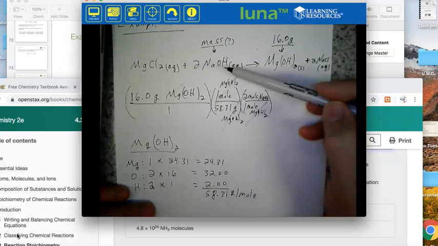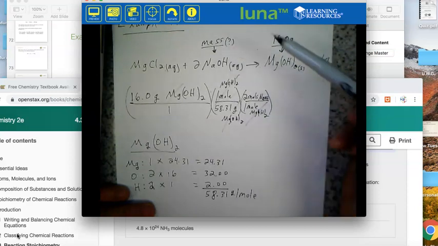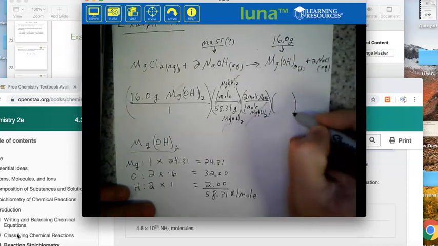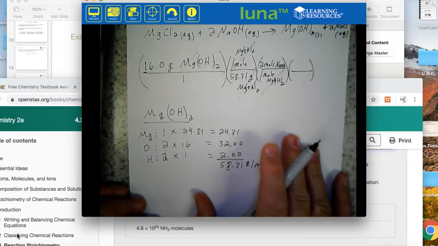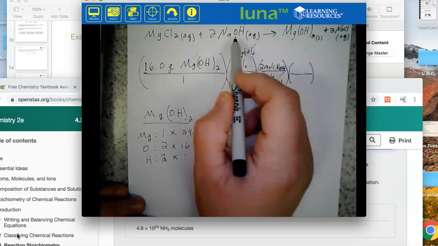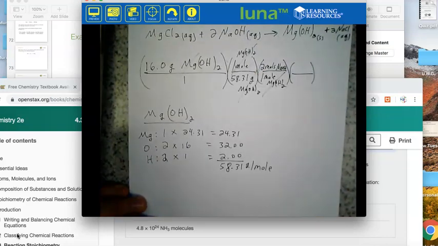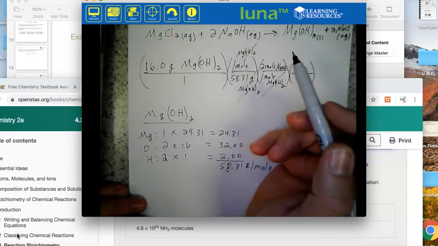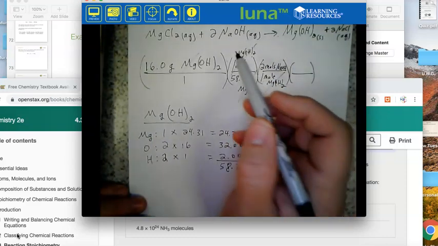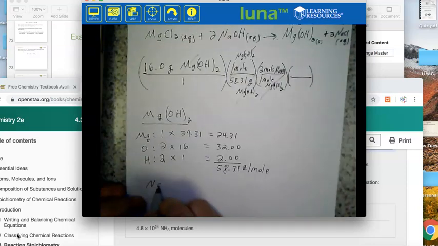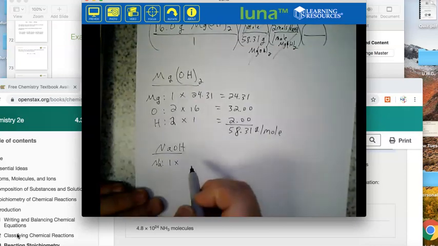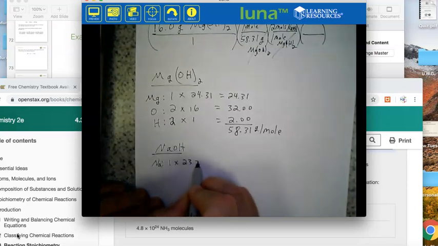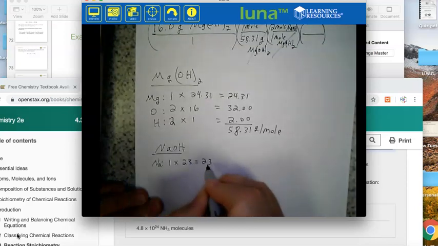Alright, so now I need to go from moles of sodium hydroxide to mass of sodium hydroxide, again using molar mass. So I again derive that by just adding up the molar masses for each element. It's based off the atomic masses too. So I have sodium hydroxide. For sodium, there's 1 atom of sodium, and its molar mass is 22.99, I'm going to round it to 23.